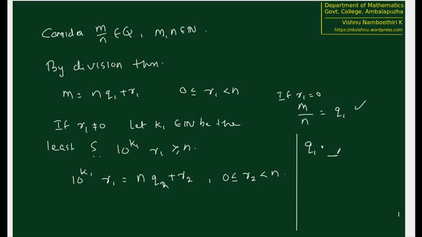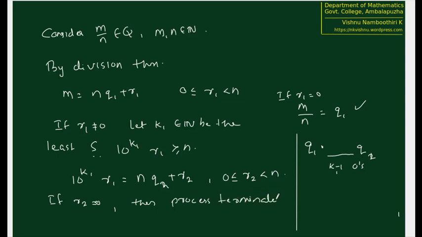We require k1 minus 1 zeros, and then after that we have q2 here. Now if r2 is equal to 0, the process terminates here.